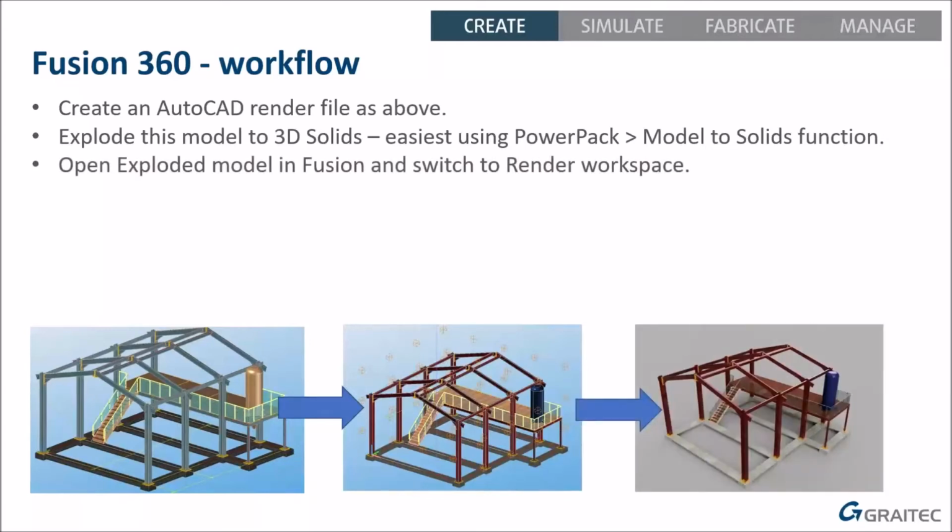Then you open Fusion, you open the exploded model. Fusion can open DWGs. And you switch to the render workspace inside Fusion. As soon as you switch to the render workspace, it will start to look something like this.